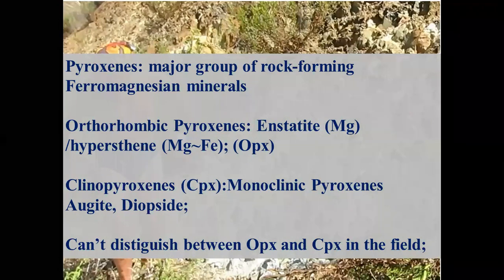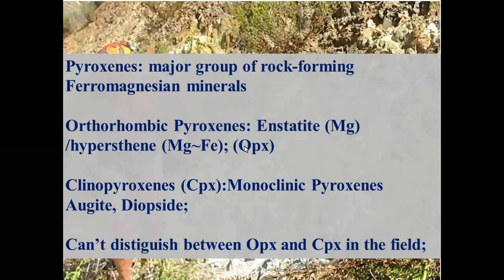We've got two sorts, and the sorts are dependent on the crystal system that they fit into. We have a series of pyroxenes in the orthorhombic crystal system, which we call the orthopyroxenes, and we abbreviate that to OPX.